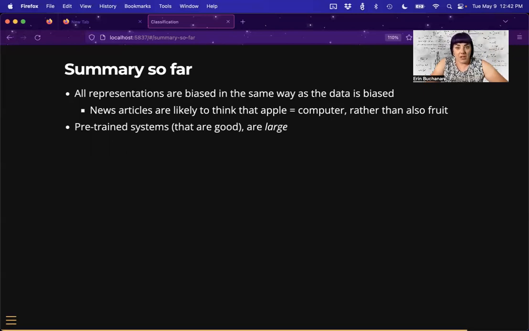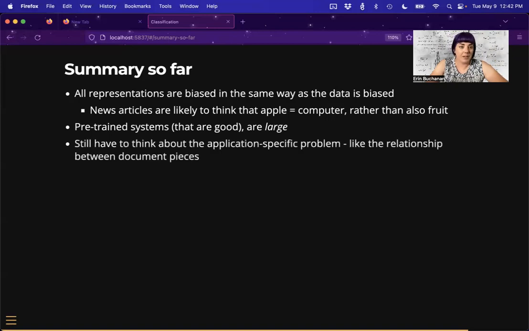Pre-trained systems that are any good are very big. Okay, so BERT is very big. Okay, built by Google, I think. And so we still really want to bring it back down to the application-specific problem. Okay, so what are you trying to predict? And what is the best data that could build a model to predict that? Right?